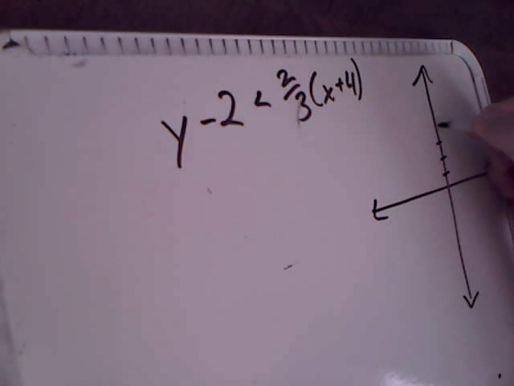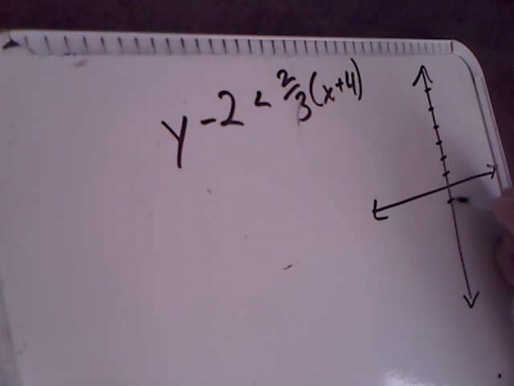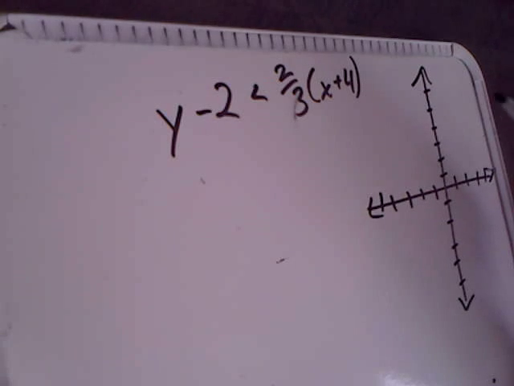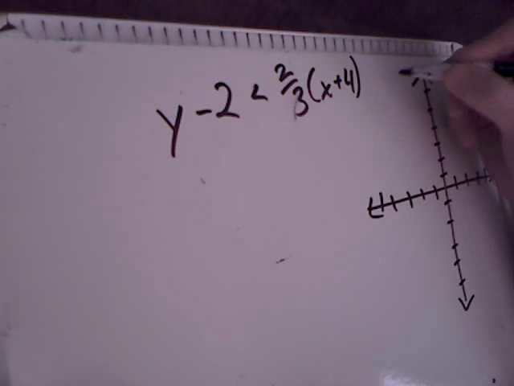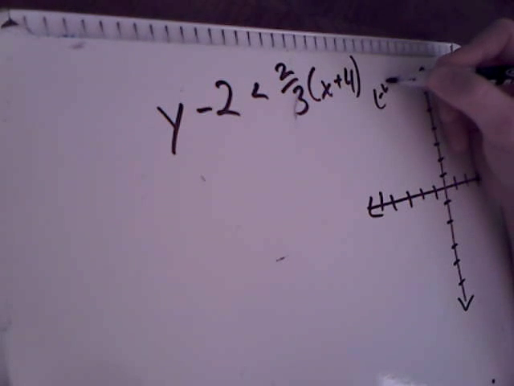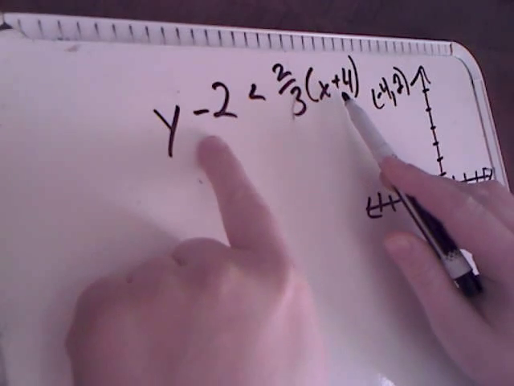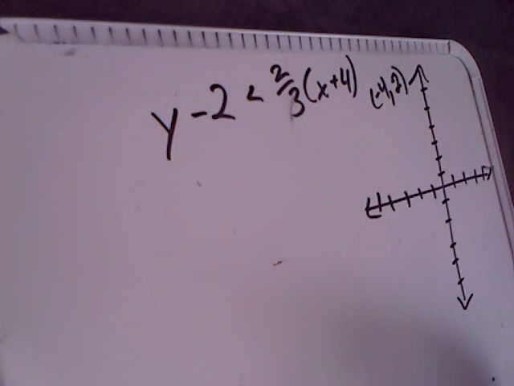So we're going to put our grid on here. Perfectly spaced, as always. And I know that my point that's going to be on this graph is going to be -4, 2. Remember that when you're doing this, the signs are the opposite of what they are in the equation.